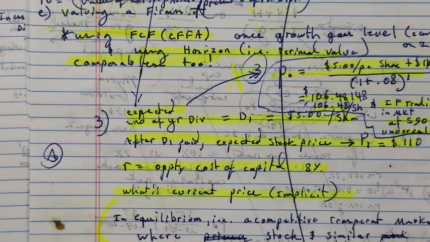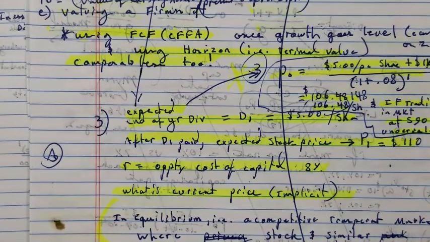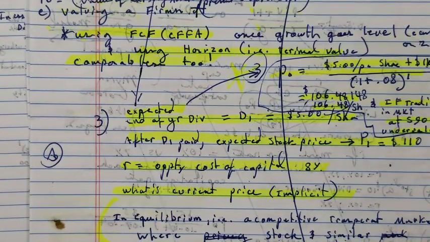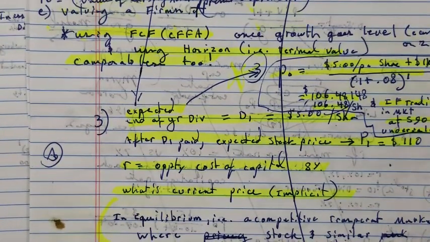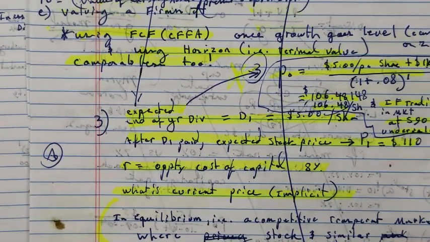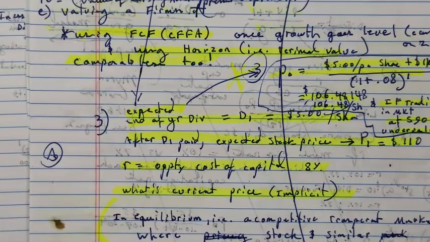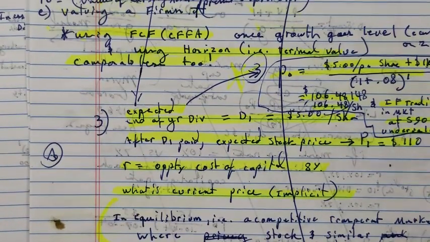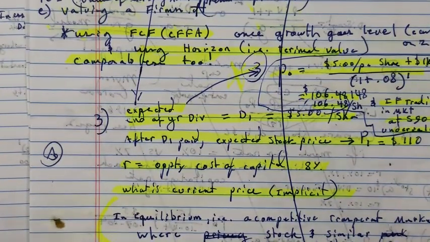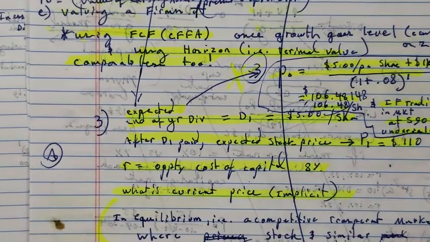They're priced not only in terms of their price, but their returns, and of stocks with similar risk levels. Again, this is in equilibrium. So we can use this as a tool to see whether a stock is under or overvalued.